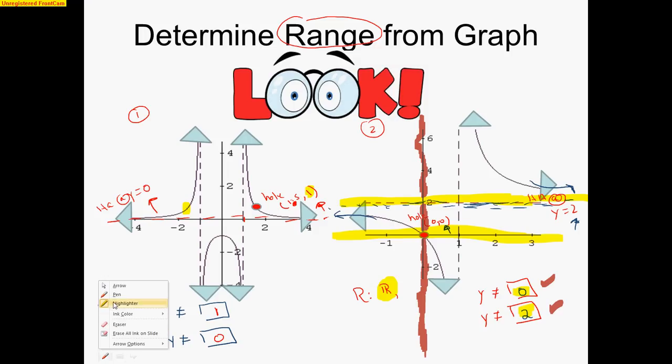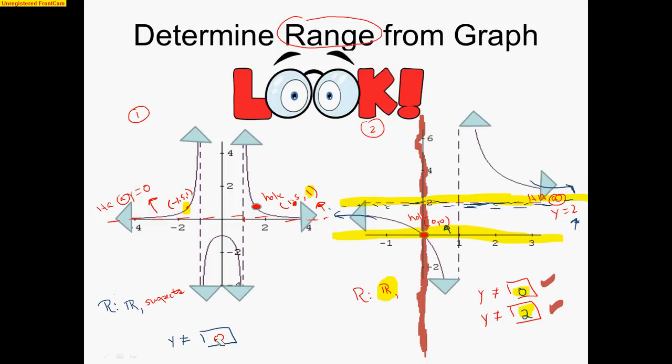So, of my suspects, 1 is not used over here, but is used on the left side, right? There's a point here that is maybe negative 1.5, comma 1, and it is a closed circle. So, suspect number 1 is clear. Leave 1 in the range. It's not used on the right side of the graph, but it is used on the left.